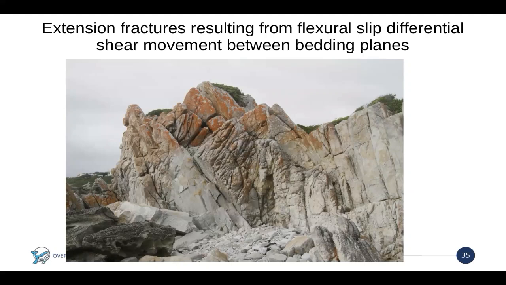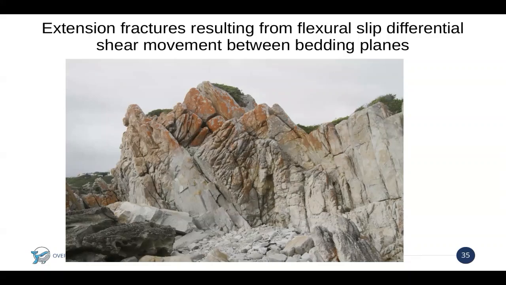And that's bedding and fractures in between two beds. And what we have here is part of a fold. It's one limb of a fold. And along the fold, we have flexural slip. So the two beds are sheared relative to each other, and then you have these classic en-echelon extension fractures between them. So it means that these extension fractures formed during the late phase of axial folding.